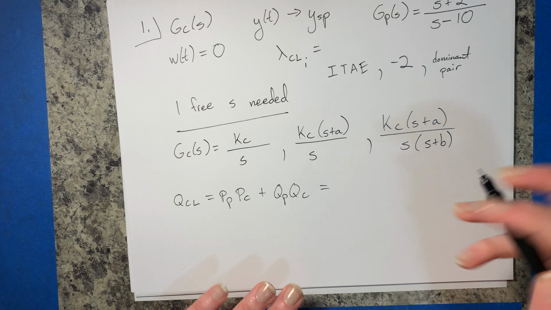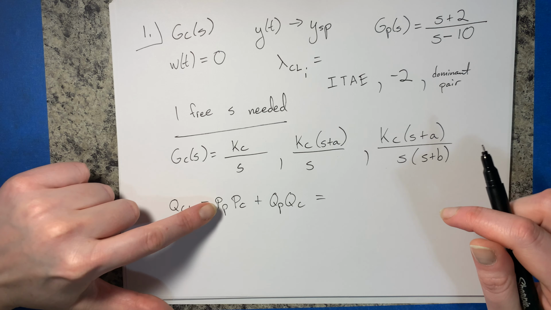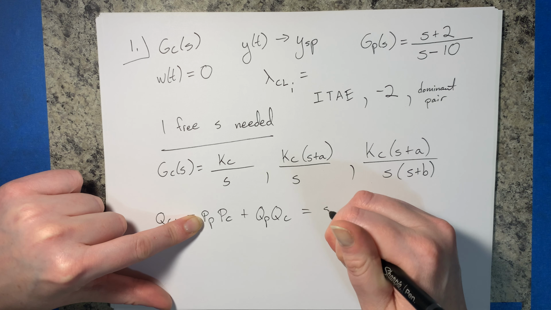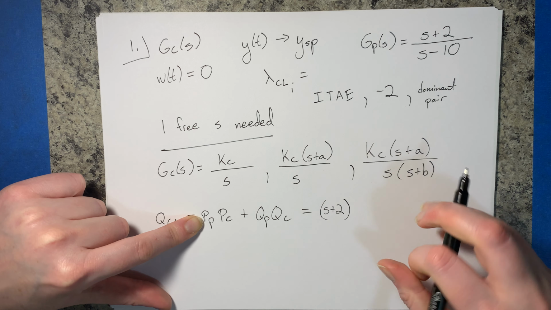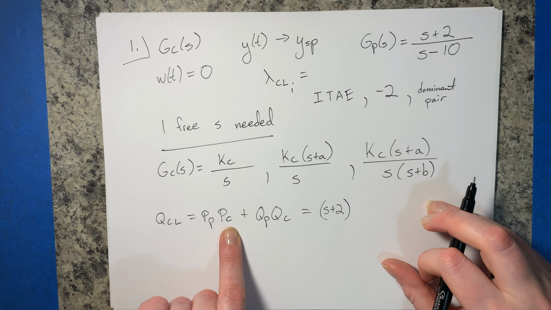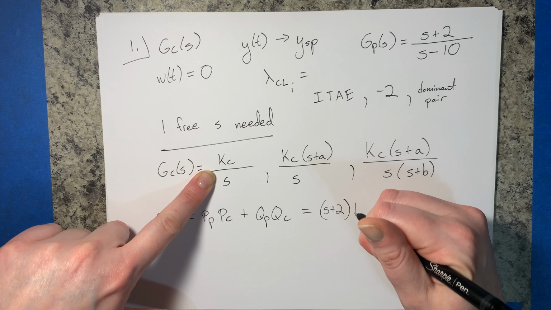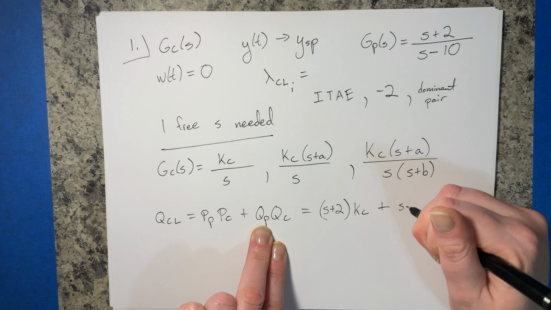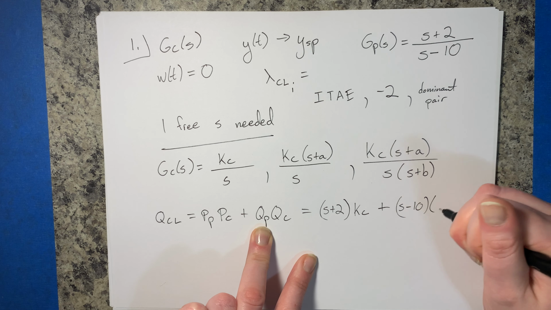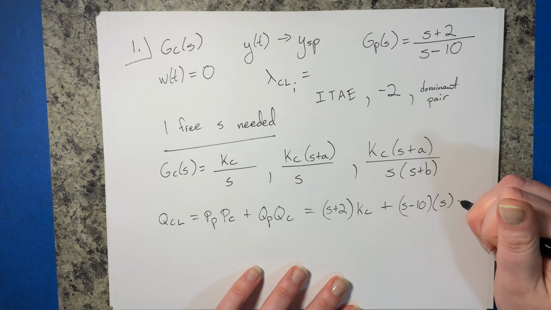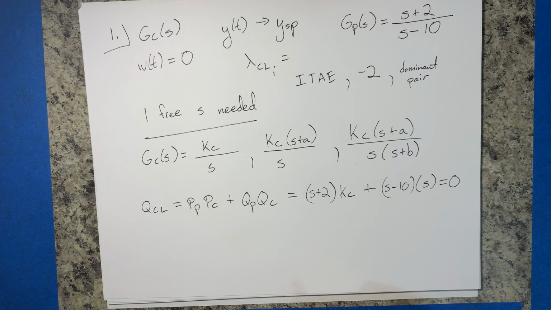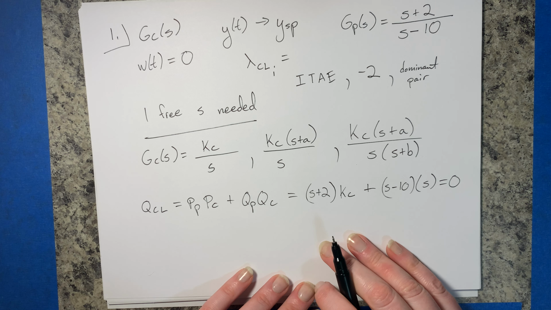So let's do that. The P sub P element is S plus 2. The P sub C element for our first trial design is KC. Then we have QP, which is S minus 10, and QC, which is just S. We set that equal to 0, then multiply, simplify it, and evaluate it with the necessary and sufficient conditions.